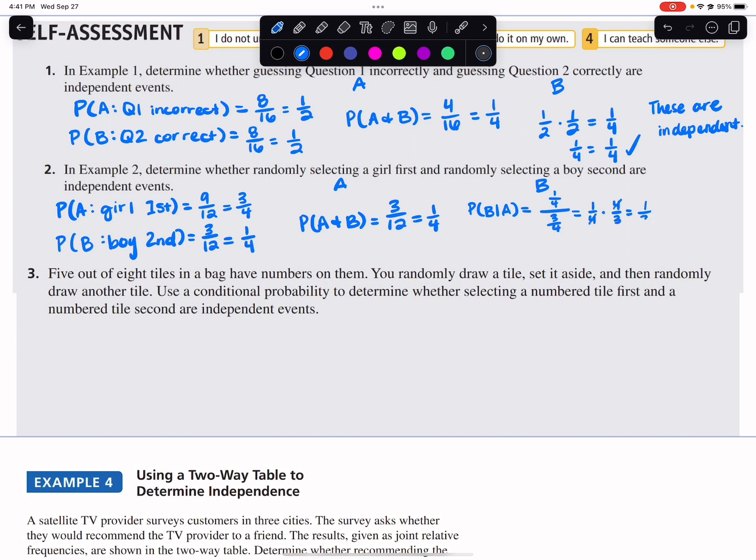That'll be 1 over 3. And then does that match P of B? Which it does not. So these are not independent.